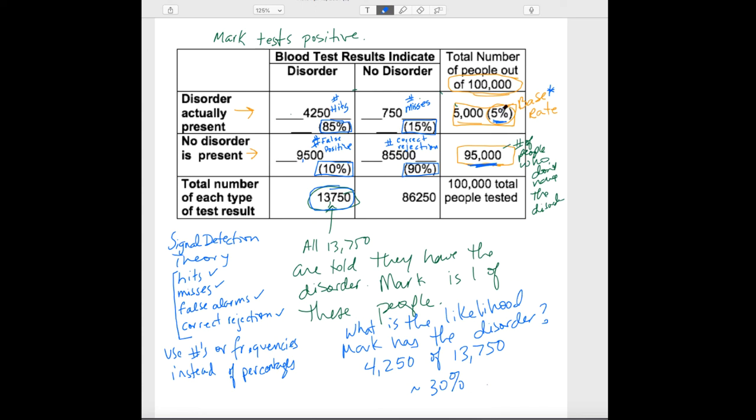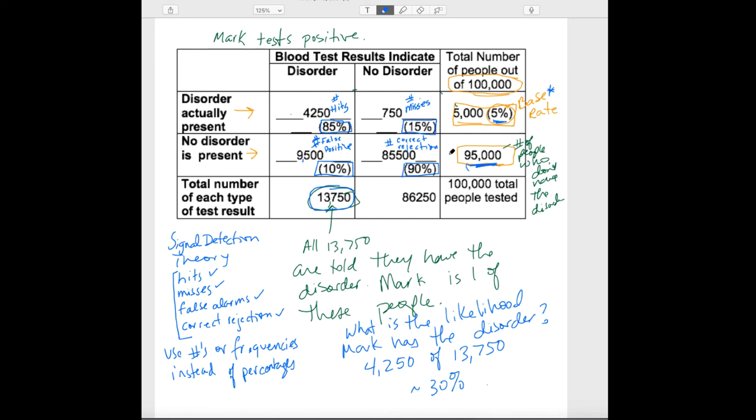Why? Well, it has to do with our base rate here. The base rate of people who have the condition is relatively low. It's only 5%. So the great majority of people out of our group don't have this disorder. 95,000 don't. So that 10% false positive rate is coming out of this very large number of people.